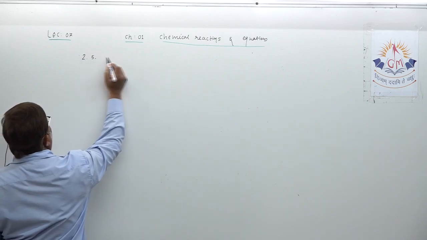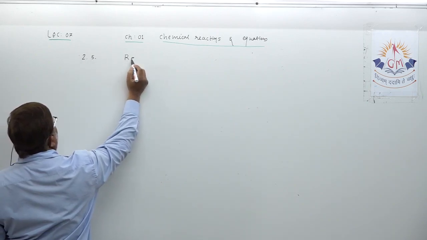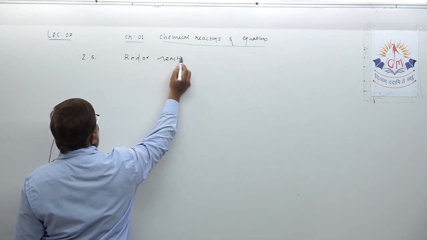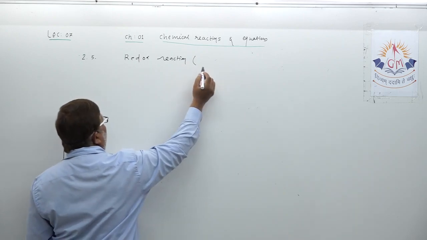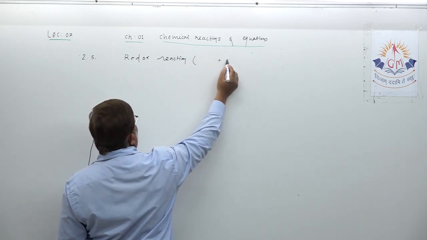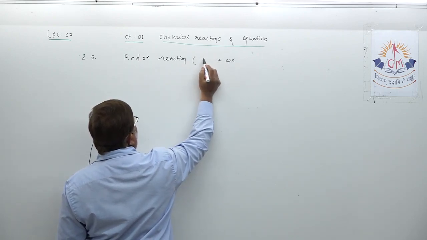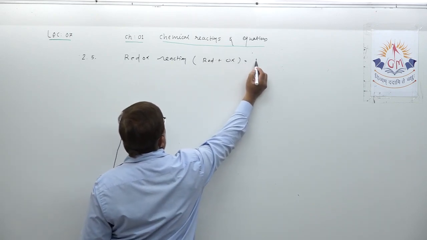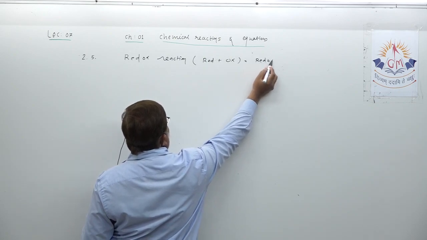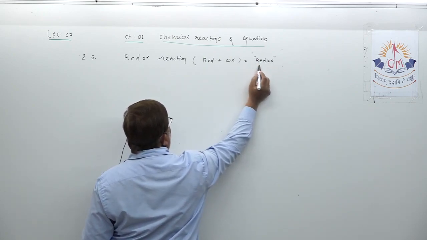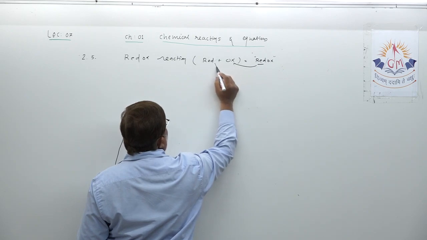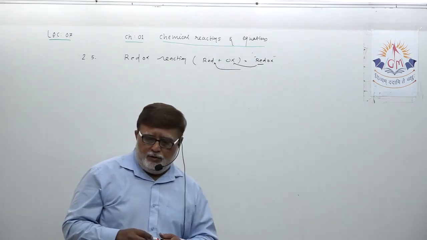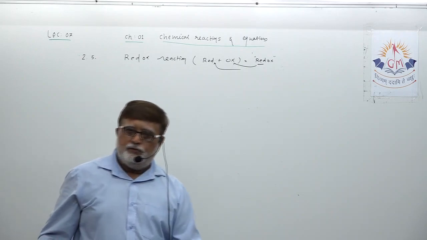I am writing here redox reaction. Actually redox means from oxidation we took word OX, from reduction we took word RED, and it becomes redox reaction. Whenever in any chemical reaction oxidation and reduction occur simultaneously, it can be called a redox reaction.